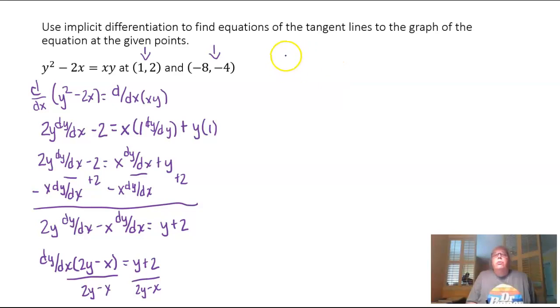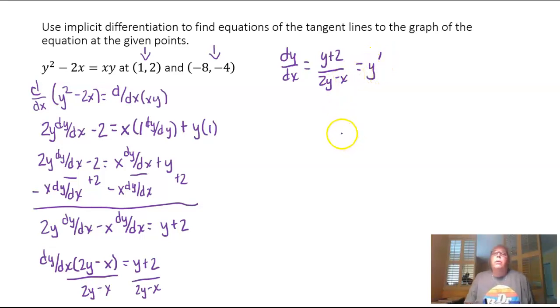So the derivative dy/dx is equal to y plus 2 divided by 2y minus x. This is going to be y prime. Okay, so now we have the derivative.